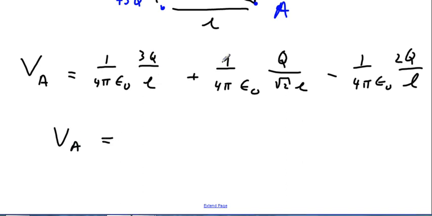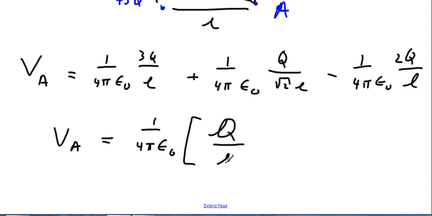I got 3Q, I got 2Q, so I have 1 over 4 pi epsilon naught times Q over L plus Q over the square root of 2 L.